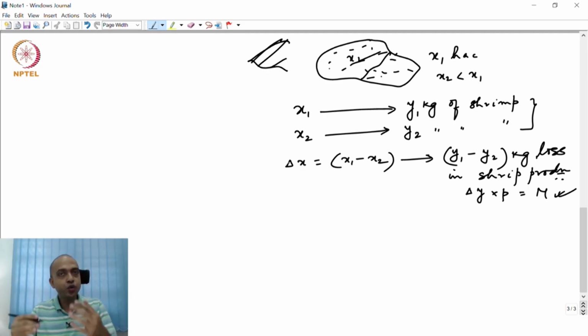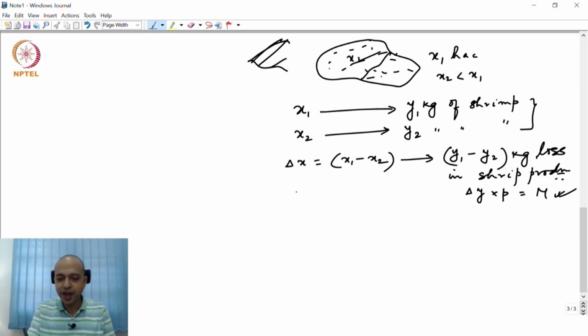So this is how we can conceptualize wetland as an input in the production function. In the same way, when the wetland size is x1 hectare, we get a certain amount of water from the wetland, for which y1 amount of paddy is produced, and when the size is reduced to x2, we get y2 amount of paddy production.